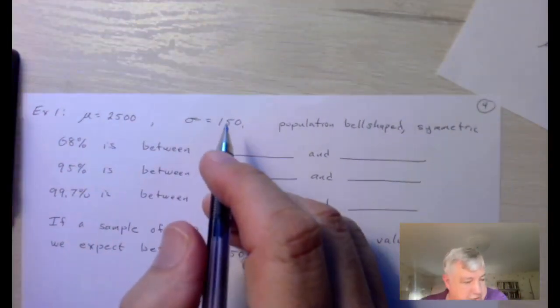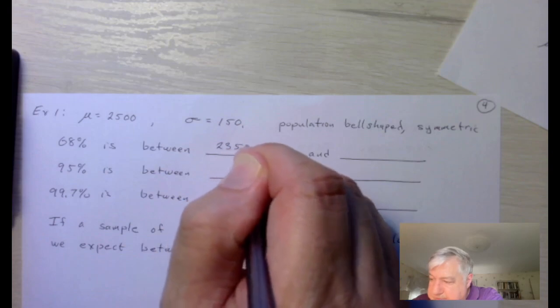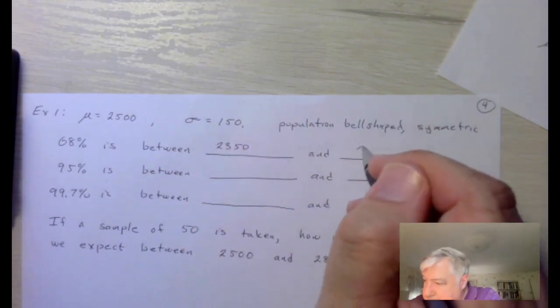Okay, so we see that 68% would be between 2,350 and 2,650.